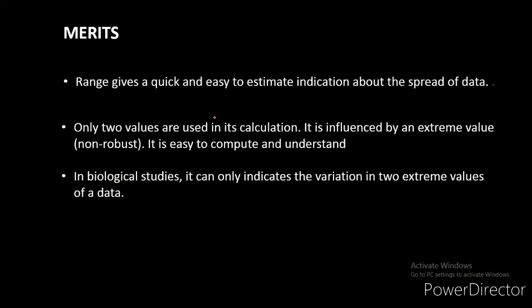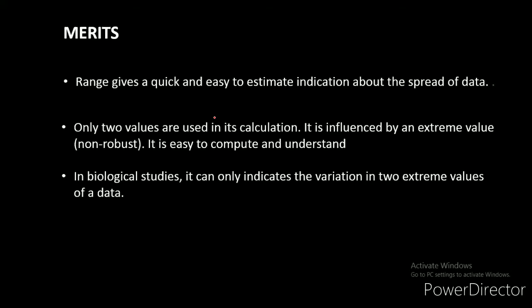Range gives a quick and easy to estimate indication about the spread of data. As a student of statistics, you should understand what kind of data are best described based on the range. If there are too many outliers, it may not be a good idea. So range gives a quick and easy indication about the spread of data.